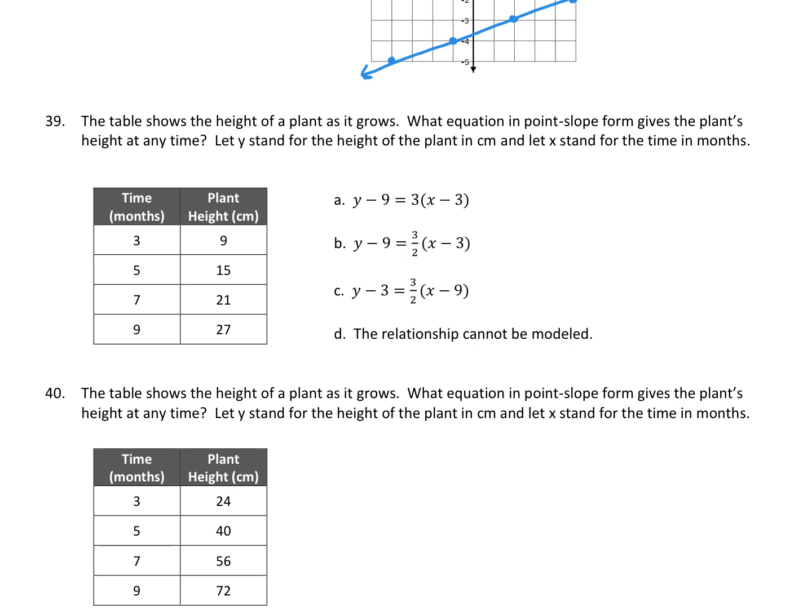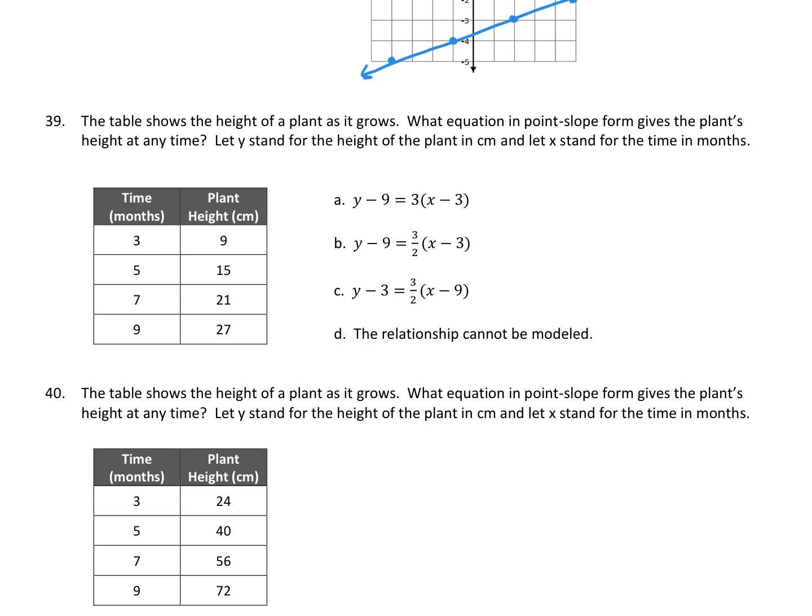So in order to write any equation for this, we will need to find the slope because in this table of values, we don't have the slope. And once we have the slope, we will just pick a point. I can see the point they used has 9s and 3s. So that's coming from this first ordered pair. So we'll write an equation with that first ordered pair. But first, we need that slope.